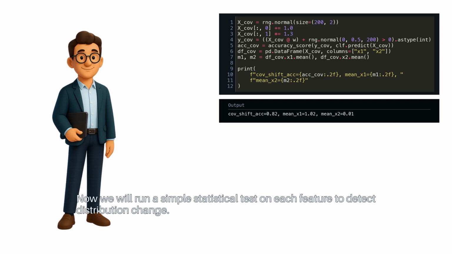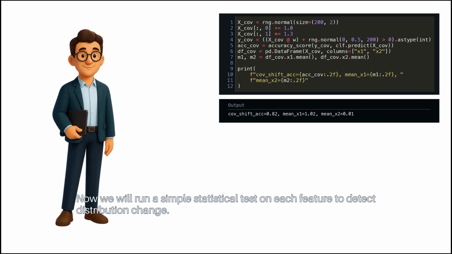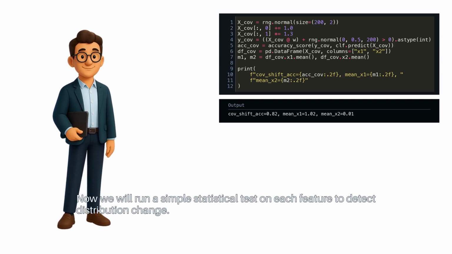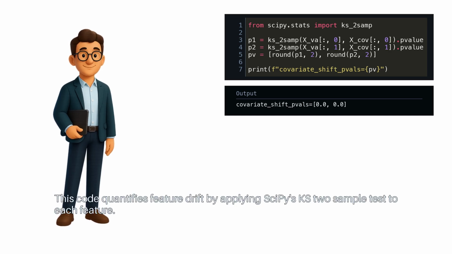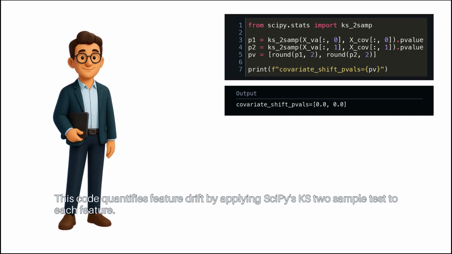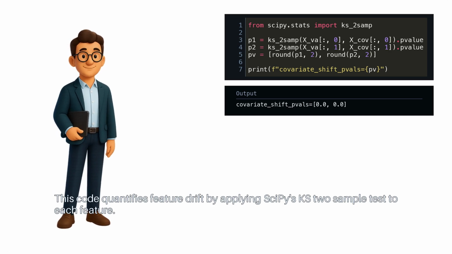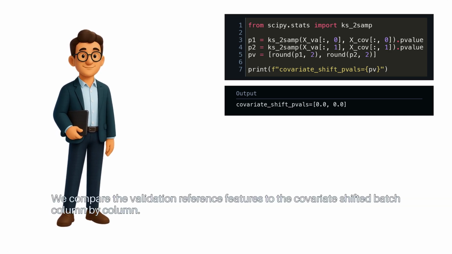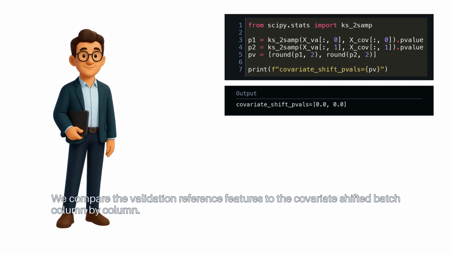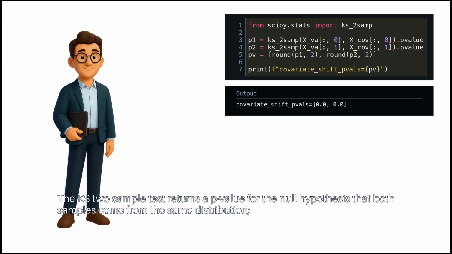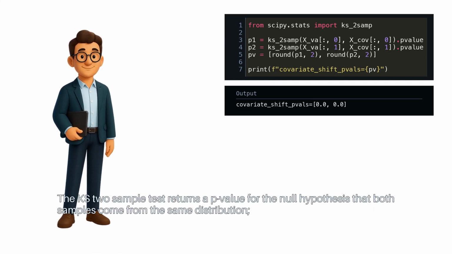Now, we will run a simple statistical test on each feature to detect distribution change. This code quantifies feature drift by applying SciPy's KS2 sample test to each feature. We compare the validation reference features to the covariate shifted batch, column by column. The KS2 sample test returns a p-value for the null hypothesis that both samples come from the same distribution.